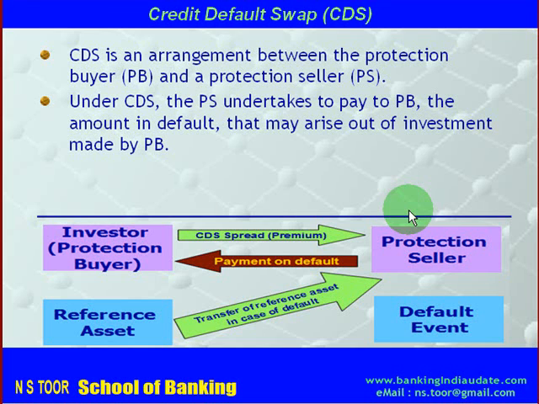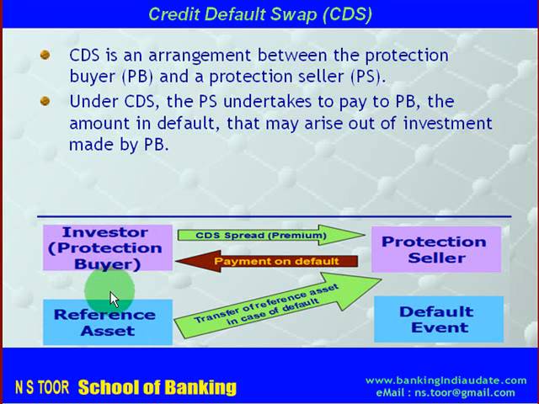Now what type of arrangement is it? Under CDS, the protection seller provides protection to the protection buyer for the amount if there is a default which may arise on account of the investment made by the protection buyer. So this protection buyer, the investor, has made some investment in a reference asset. This reference asset may be a loan, it may be a bond.